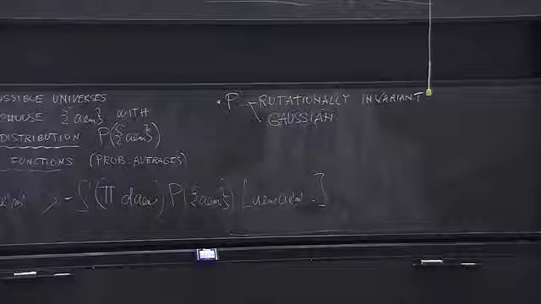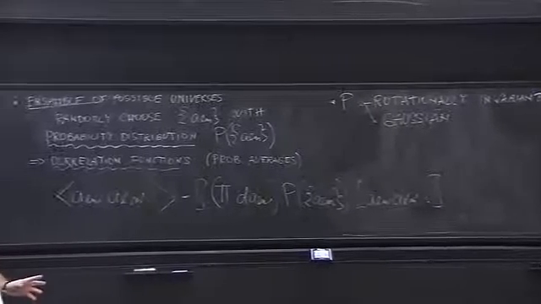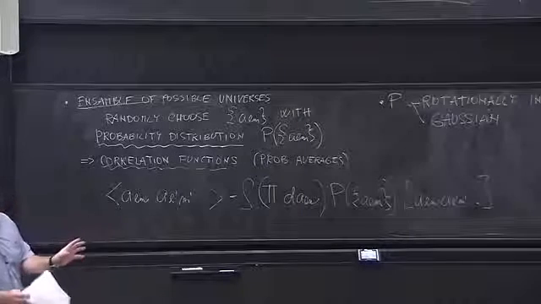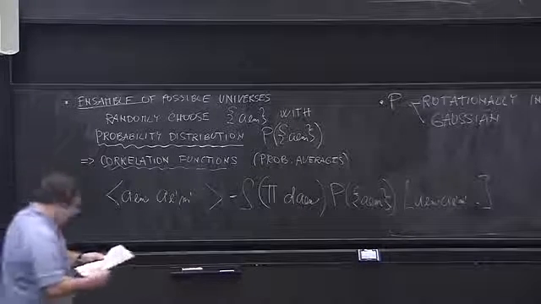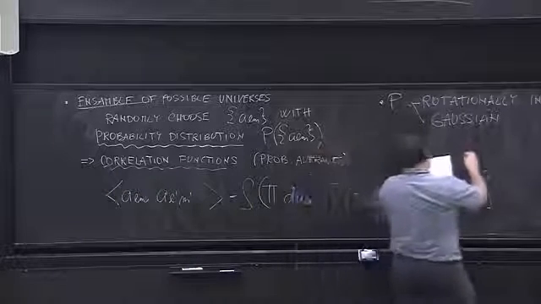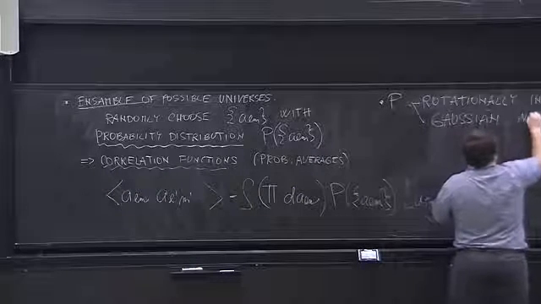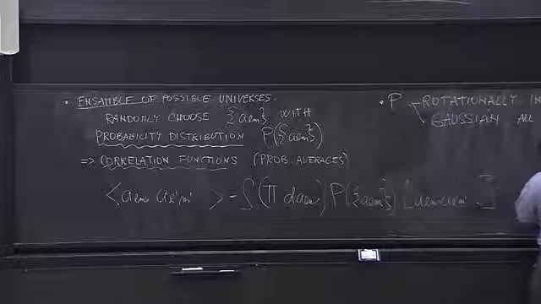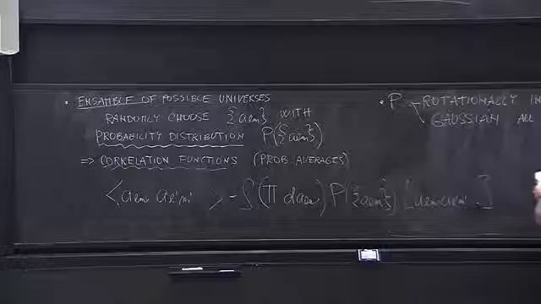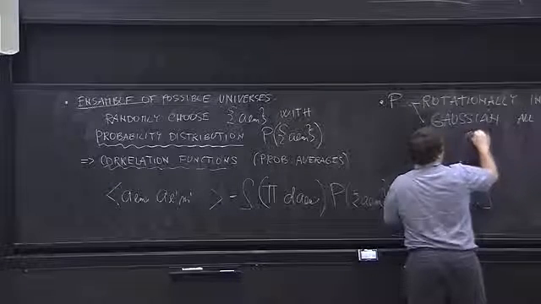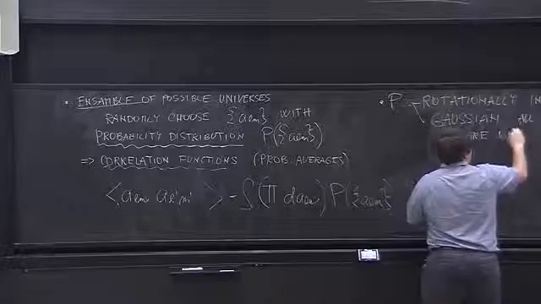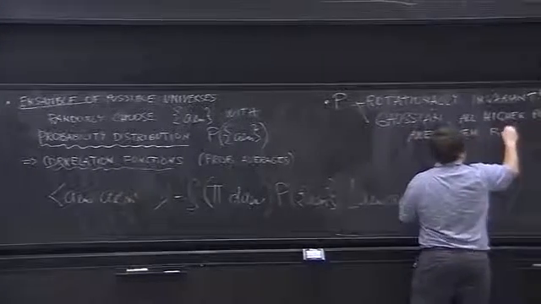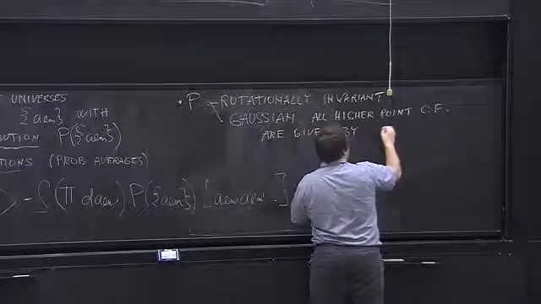If I have a correlation function of an odd number of things, it is automatically equal to 0. If I have an even number of things, then the total correlation function is given by the Wick theorem. So all higher point correlation functions are given by the Wick theorem.